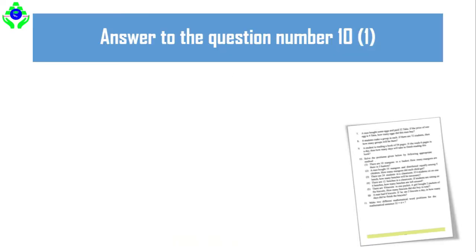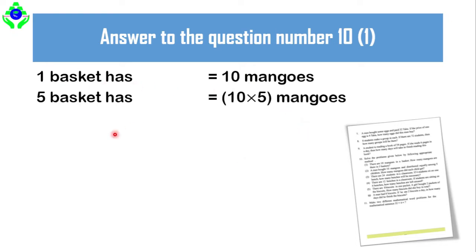You can see it is the answer to question number 10, and it's part 1, where in the first line you should write one basket has 10 mangoes, so 5 baskets have 10 into 5. That's why we write 10 into 5 mangoes, and after that you can find 10 into 5 is equal to 50.